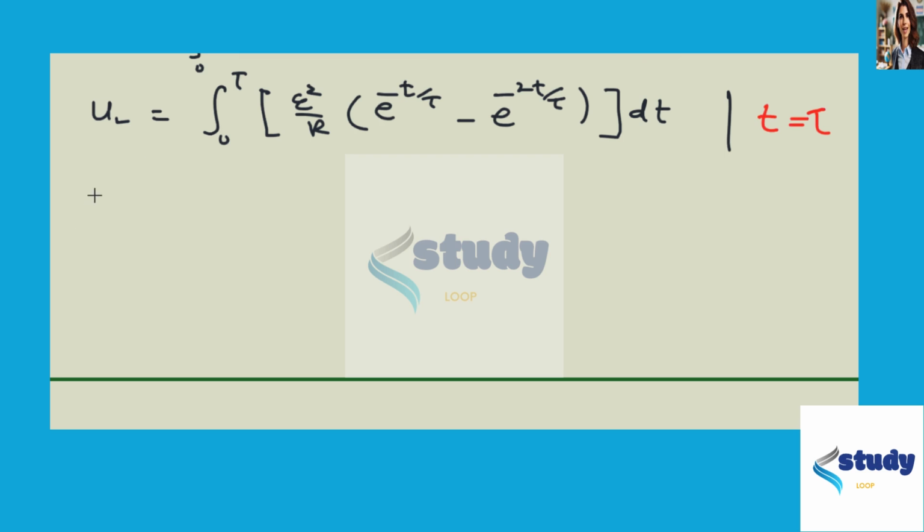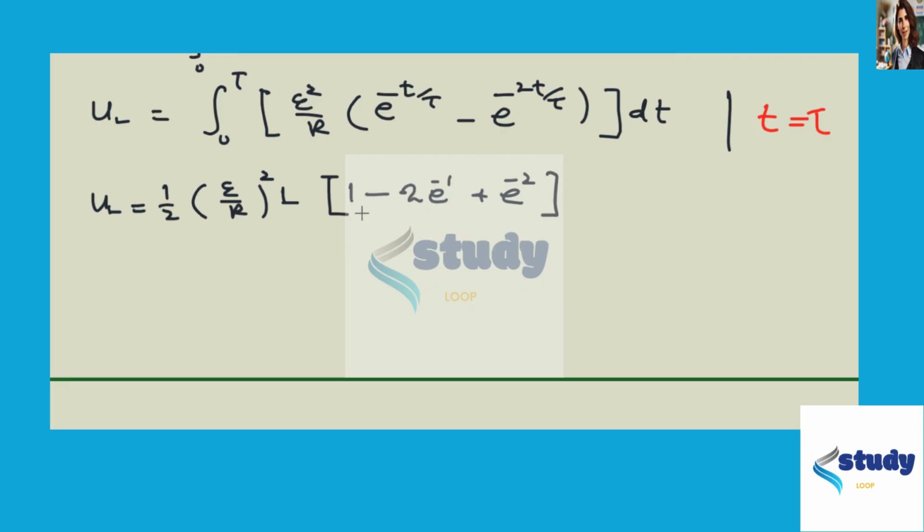Now at t equals tau, this integration can be written as UL is equal to 1 divided by 2 into E divided by R whole squared, and here we have L, and then we have square brackets open 1 minus 2 e raised to the power minus 1 plus e raised to the power minus 2.